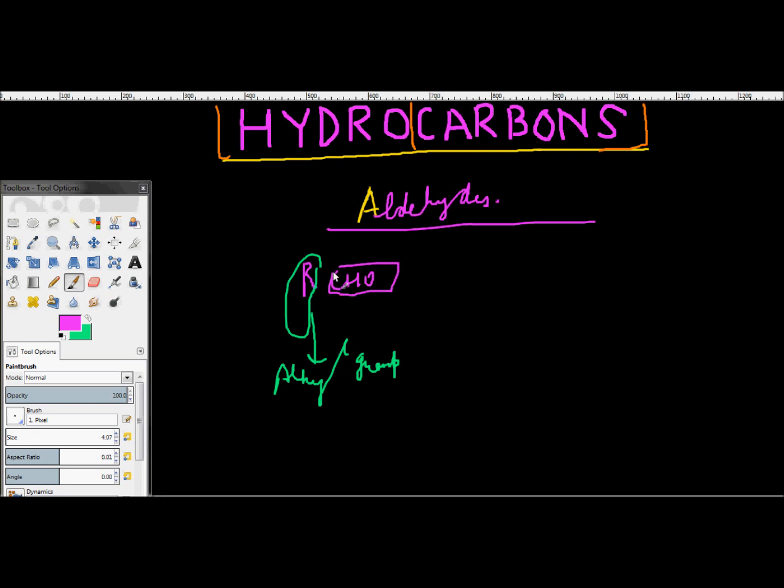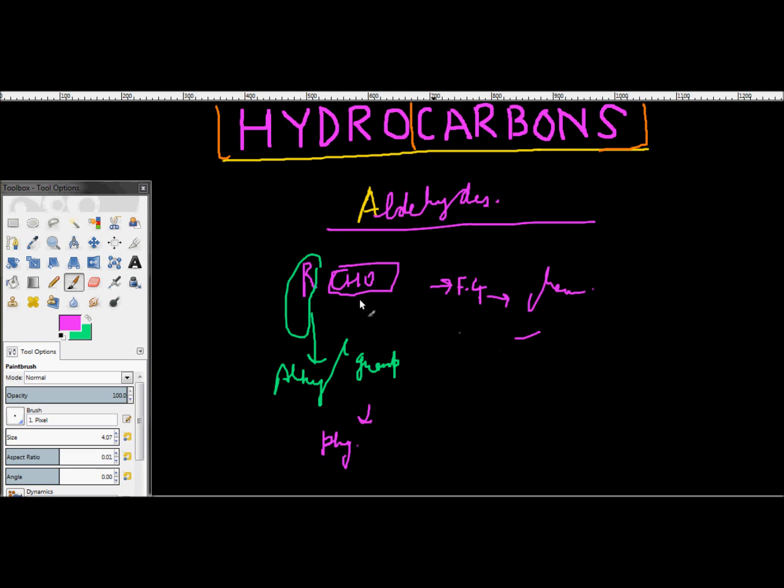CHO here is the functional group, FG, and again, get this into your head. This is the physical property determinant, and this determines the chemical properties of the compound. So guys, that's what the basics of aldehydes are.